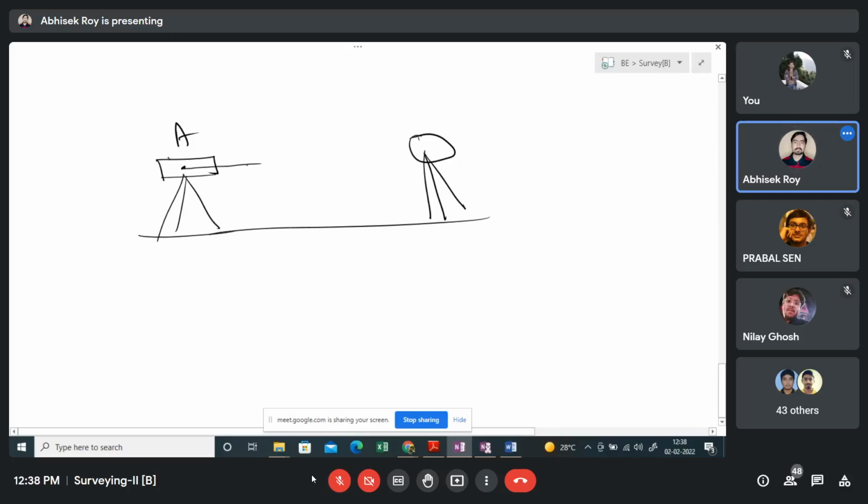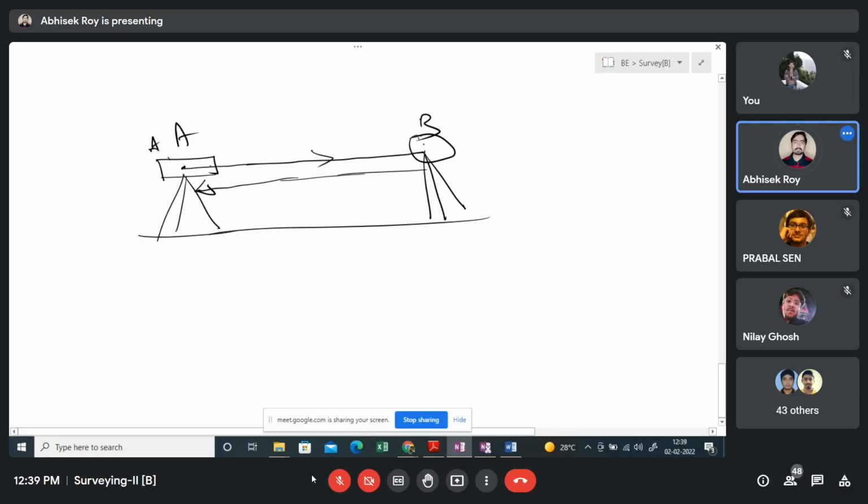So the waves will come, then it will be reflected back towards A, and as the receiver is at A, it will receive that wave.